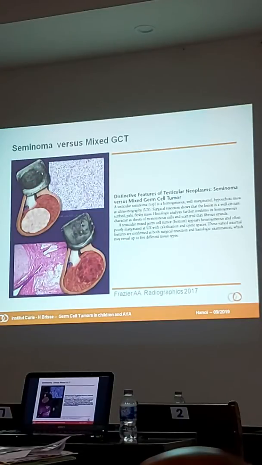And usually mixed germ cell tumors, including different components, are more heterogeneous. But anyway, if you have a testicular tumor, it will be primarily removed and you will get a diagnosis. It is not very important to give the possible histology with imaging because you will have to do surgery first.